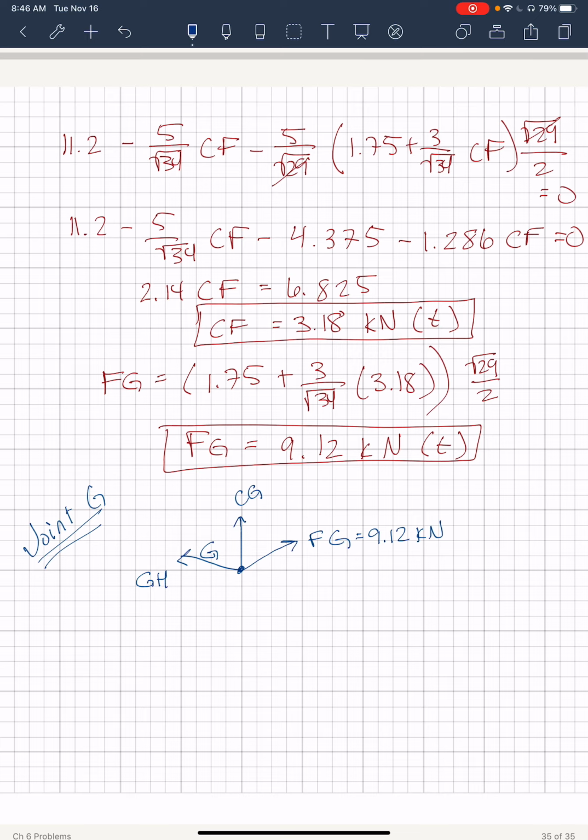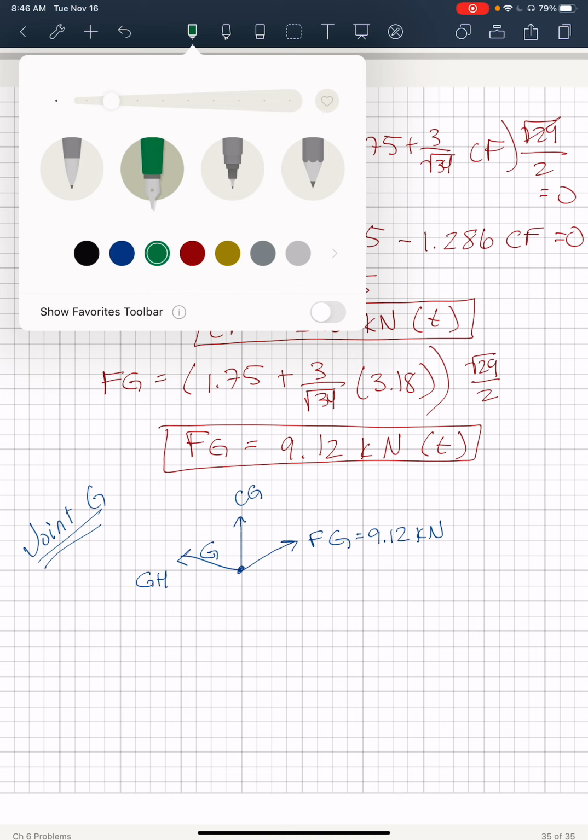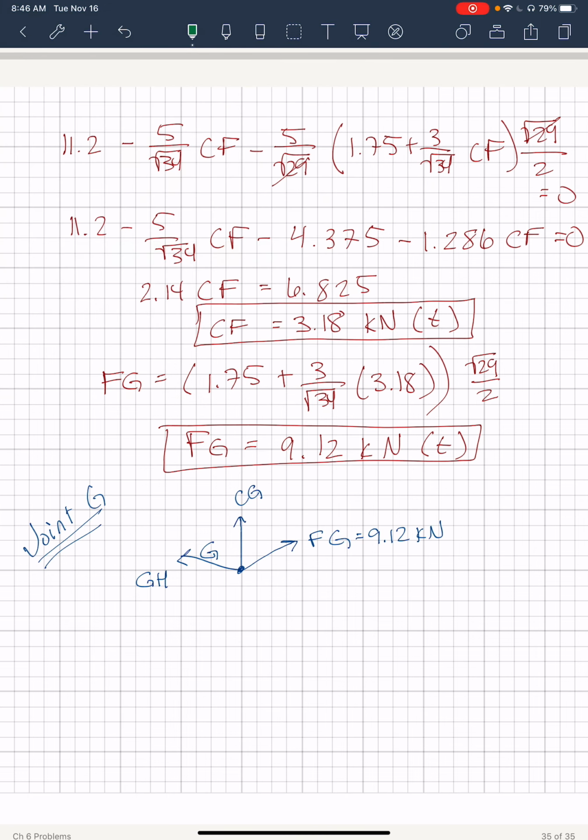CG is what we want to find. We know some stuff about the dimensions. So FG is going to go over 5 and up 2.